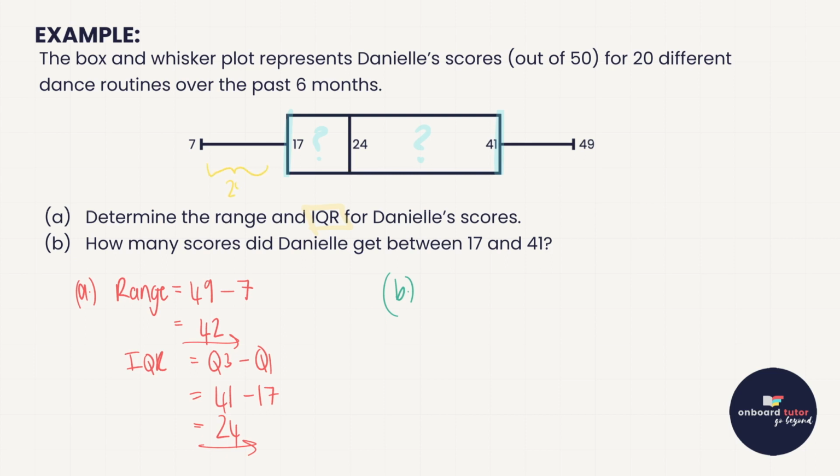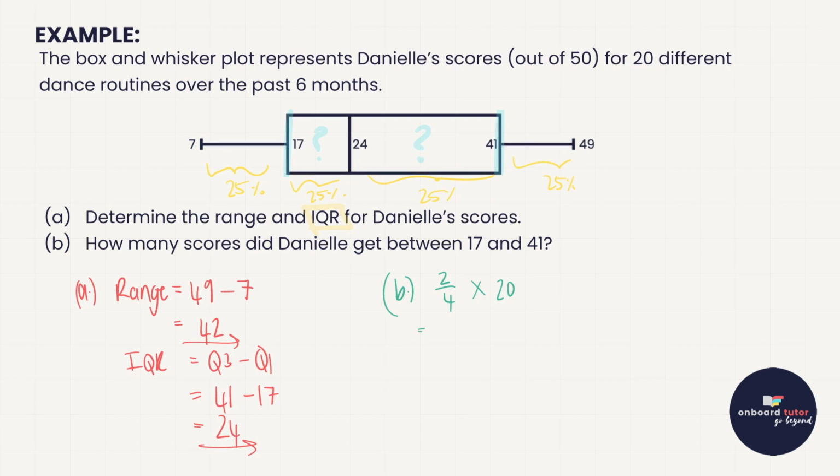So 25% of Danielle's results were here, 25% here, 25% here, and 25% here. So between 17 and 41, we've got 2 quarters of the data. And so what does that mean? It means 2 quarters of my data is happening between 17 and 41 times by her 20 different dance routines.